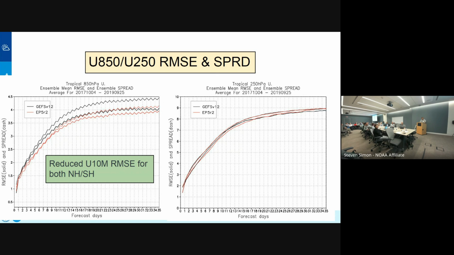You see here, the black, we see the over-dispersion. EP5R2 has improved this, we see the reduced over-dispersion. And we also see the RMSE has been reduced in EP5R2, especially for the lower level, and for the upper level, 250 millibar. We also see the reduction of RMSE, but spread is pretty similar to GEFS 12.